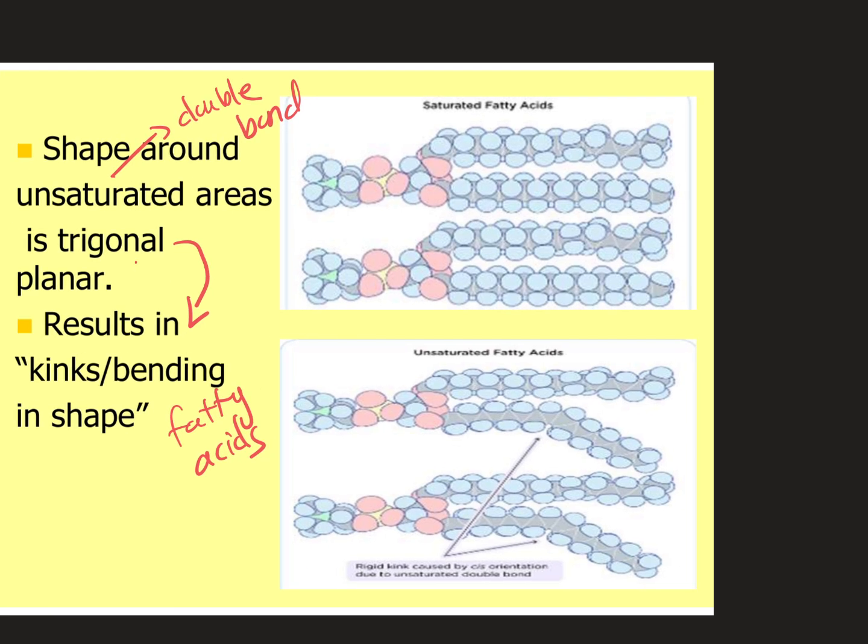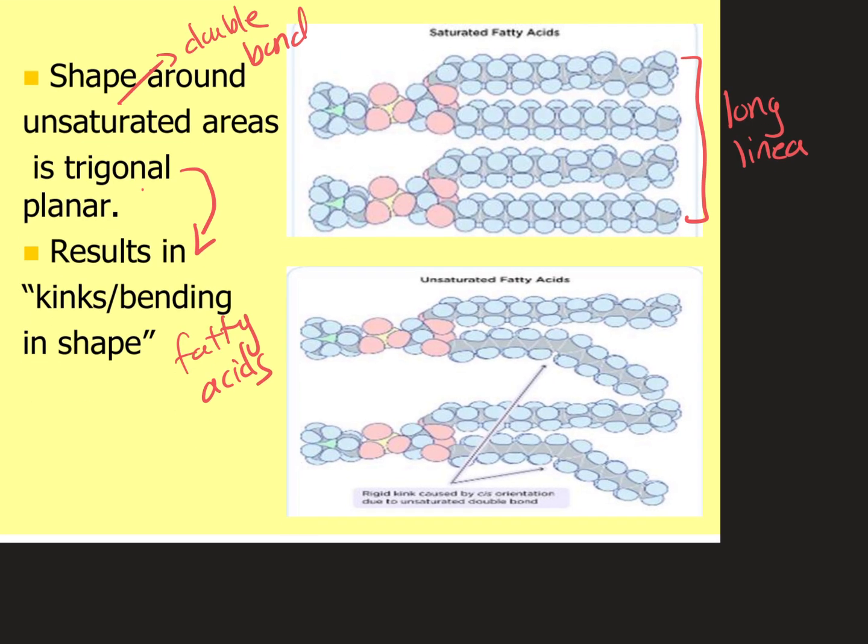So unsaturated, you can see these are long, linear, where you have the double bonds here. So these are where they have the double bonds. You can see you get these little kink shapes almost, right?